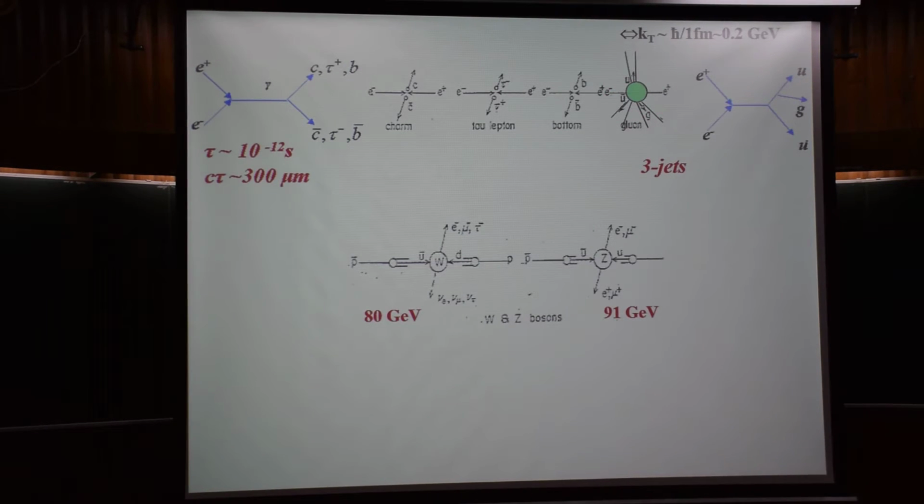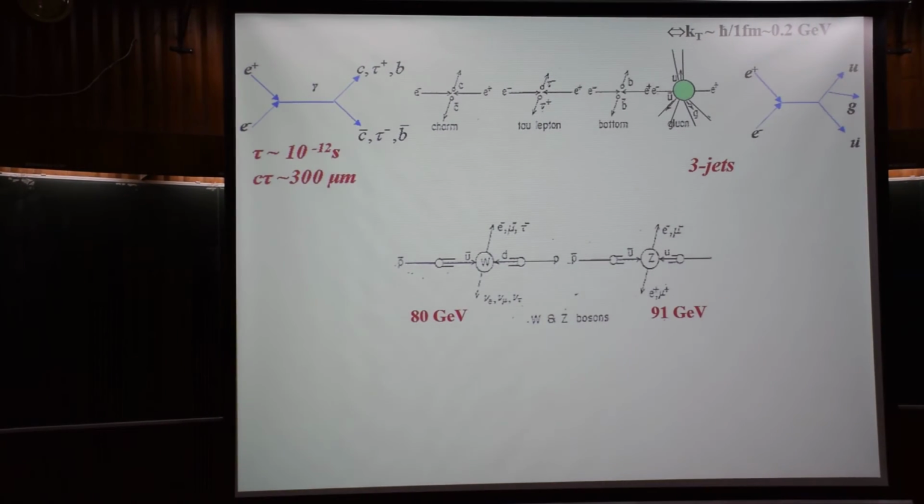So the momentum of this vacuum quark will be the inverse of 1 Fermi, which is 200 MeV, 0.2 GeV. Okay? So there will be only limited momentum smearing, otherwise they will come out as thin jets. And the energy and momentum of these thin jets are the energy and momentum of the quarks and gluon produced. And from the QCD theory, we know this.